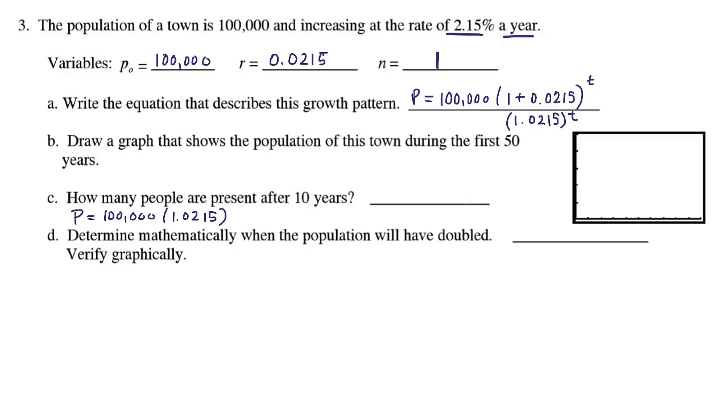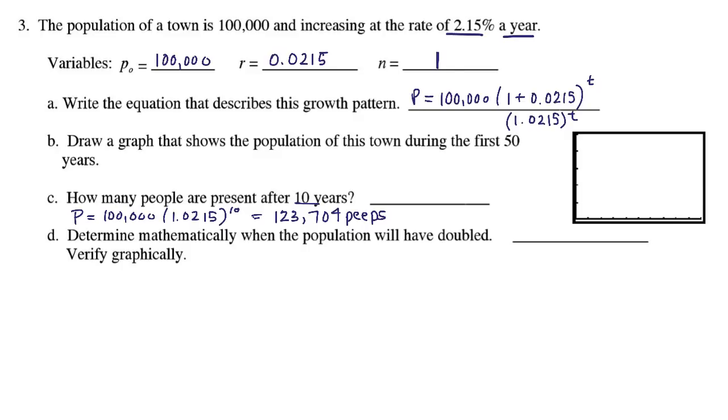And now after 10 years, so I'm going to sub in 10. And after we do all that calculator work, you should end up with 123,704 people. So, well, if my pen would write, that would be so absolutely useful. Sorry, folks.